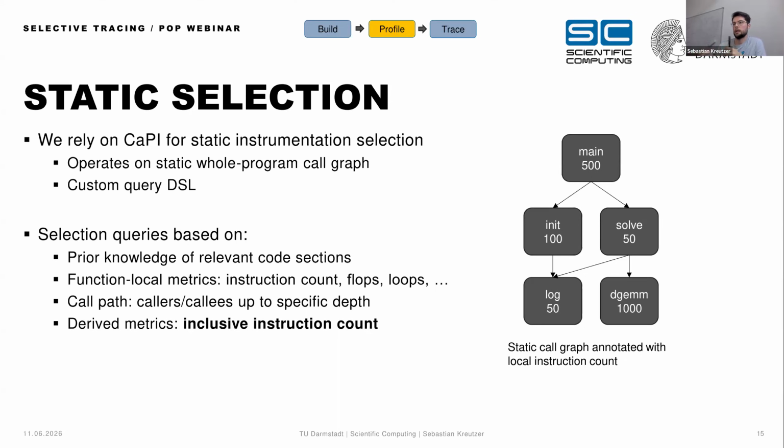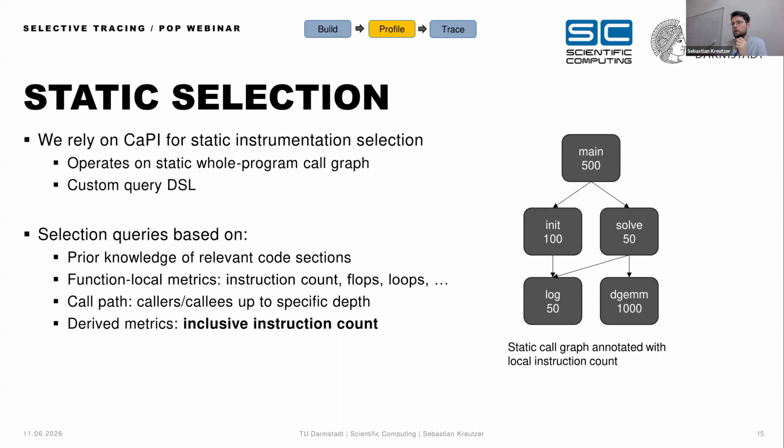But these queries can be based around just general prior knowledge of relevant code sections, but also function local metrics such as instruction counts, static flop counts, and loops, and that kind of metric. Also, we can select based on call paths, so select certain callers and callees up to a specific depth. And there are some derived metrics we can use.